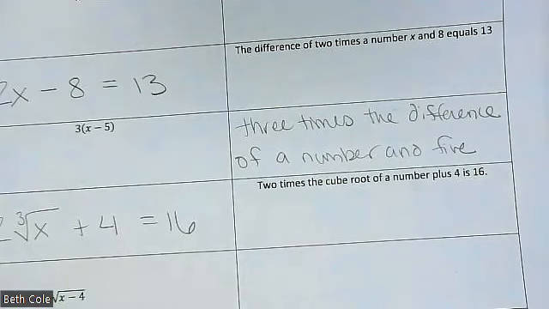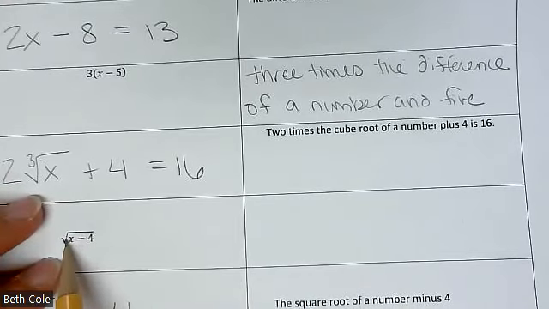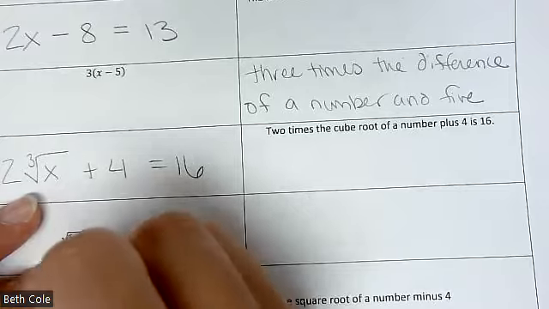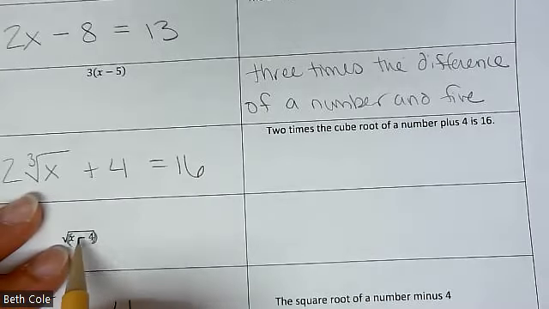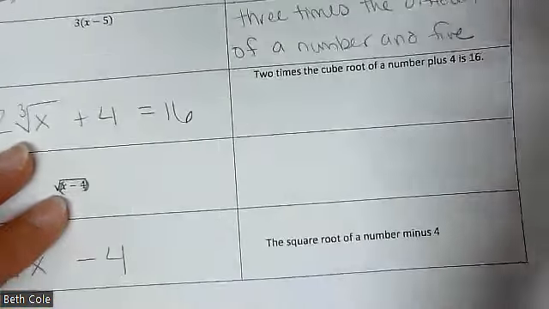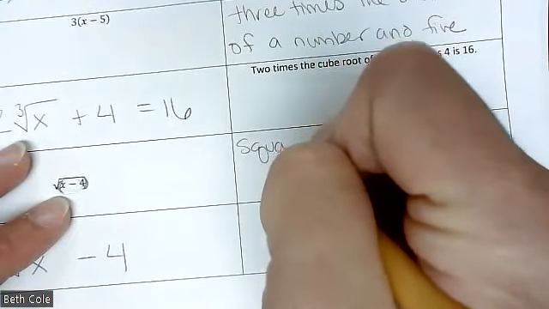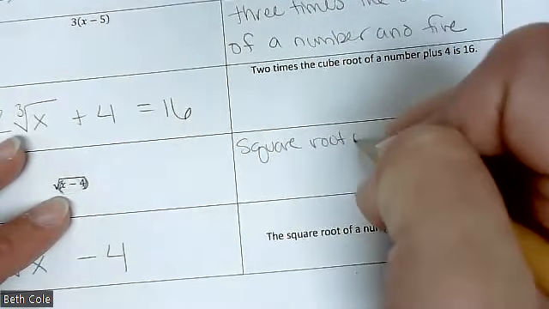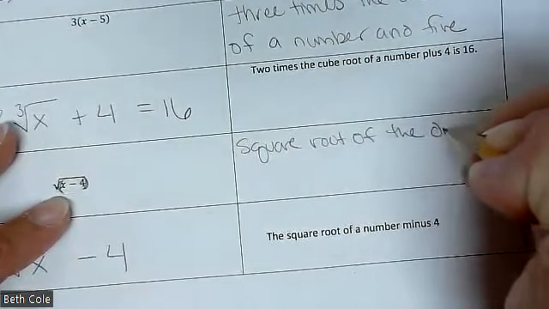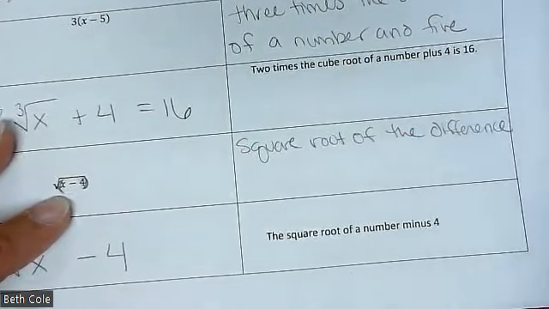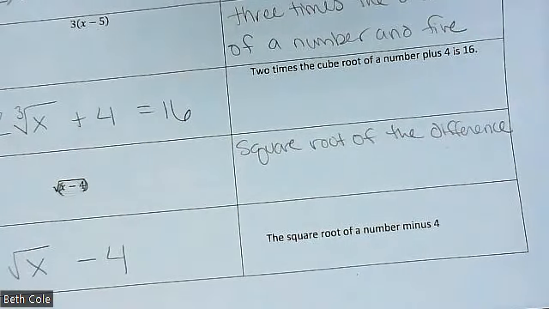Now, there aren't any parentheses in this last one, but do you see how the whole thing is under the square root? So we're still going to need to use the word difference to get the whole thing under there. So it's going to be square root of the difference of what?